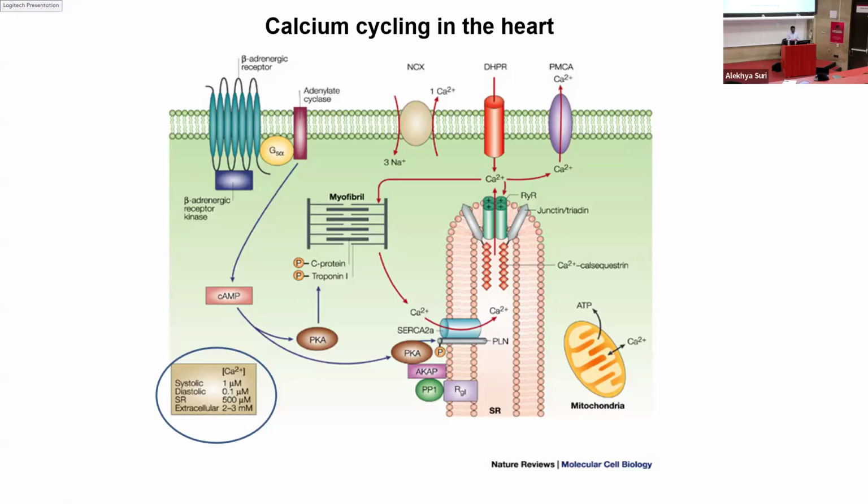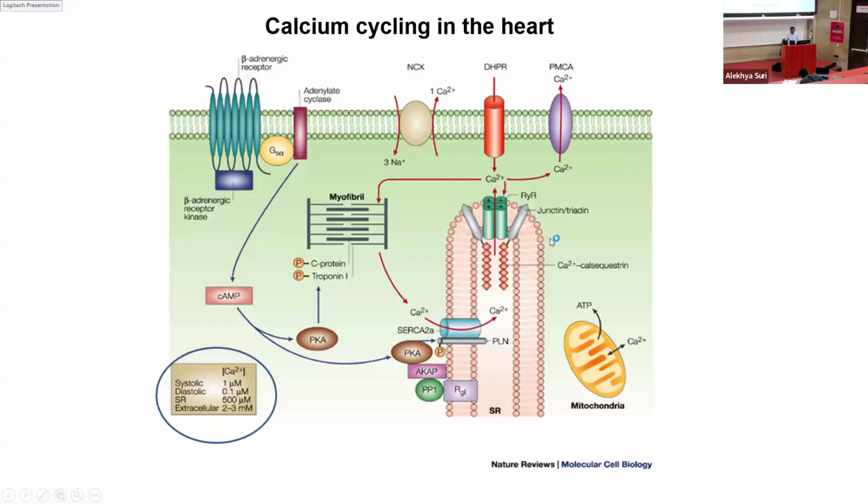The T-tubule expresses a large number of L-type calcium channels, also referred to here as DHPR, the dihydropyridine receptor, which is another name for the L-type calcium channel. The other calcium regulatory proteins are the plasma membrane calcium ATPase and the sodium calcium exchanger, and these two also play an important role in maintaining intracellular calcium.